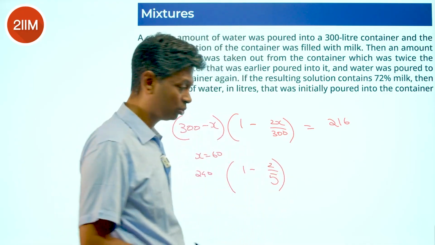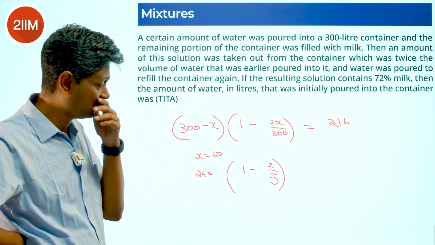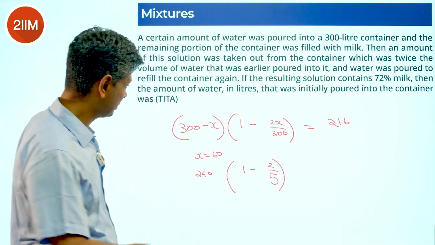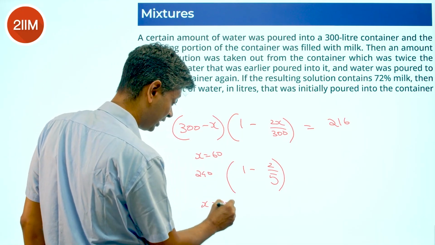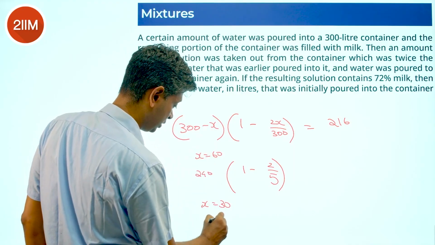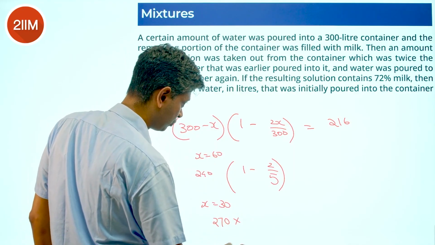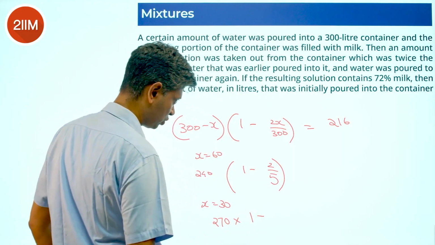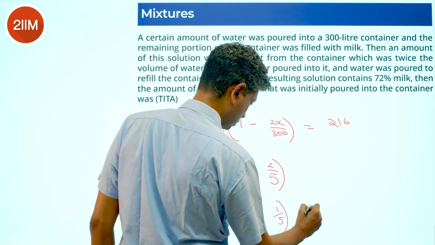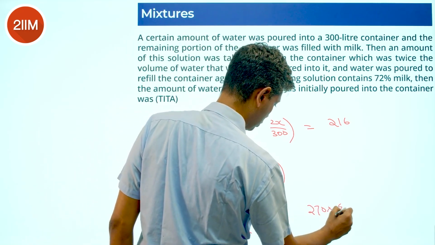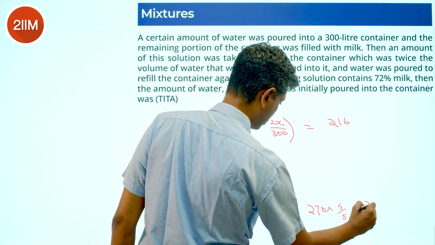It's 240 into 3 by 5, 144 is too small. So I can do x equal to 30. I really like 30 because it's become 270. 270 into 1 minus 1 by 5. 270 into 4 by 5 is 216.